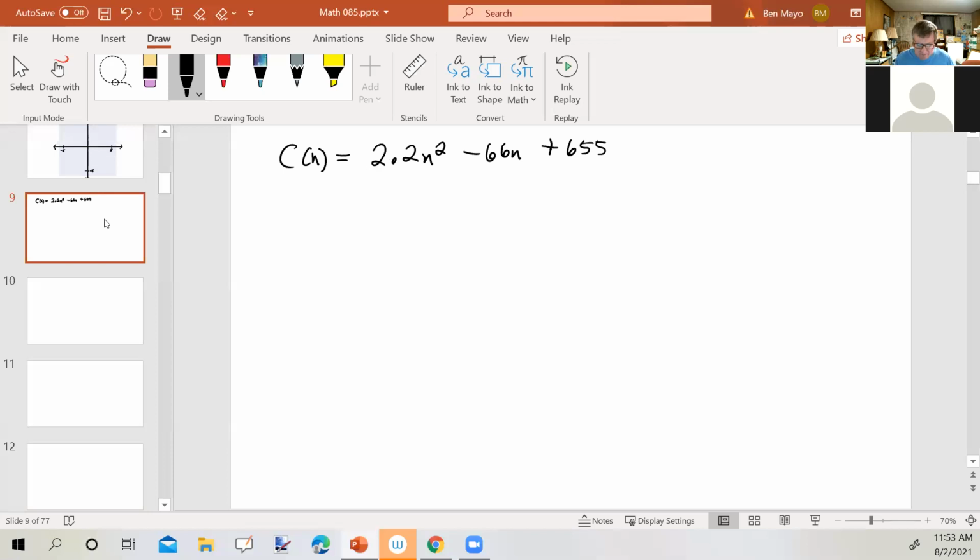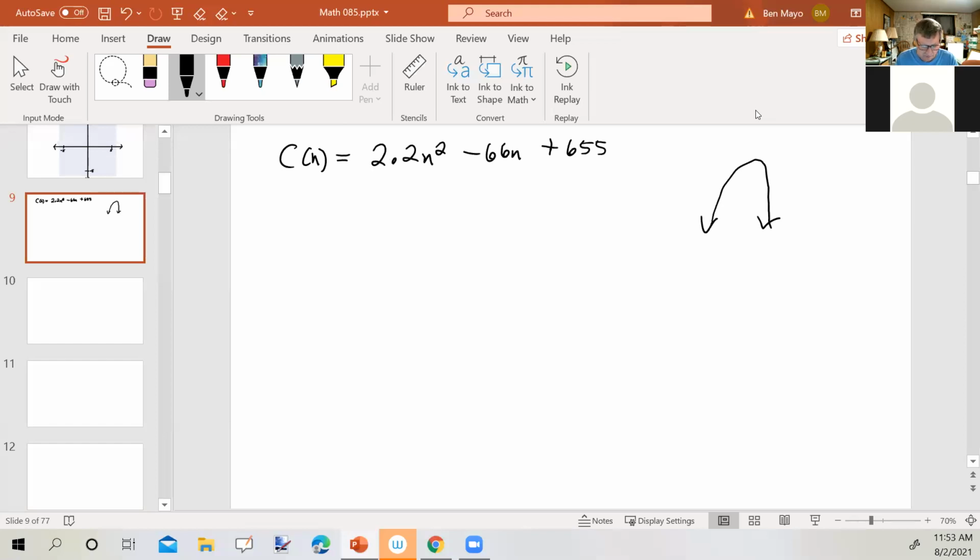All right, now, this function is a second degree function. Can you see that? Because of the n squared, okay? The coefficient, that is a, in front of n squared is 2.2, which is a positive number. So if we were to graph this thing, it would be a parabola opening downwards, right?